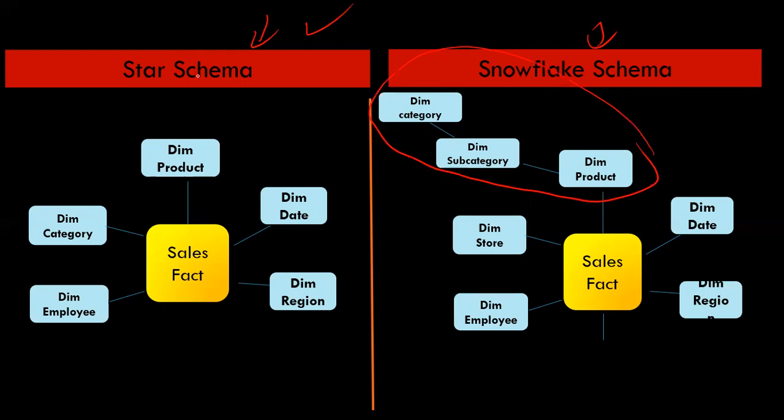But when it comes to star schema, don't split the same table data into three different tables. Instead, you store it in a single table. Combine all the columns and put it in a single table. In simple terms, that is the difference between star schema and snowflake schema.